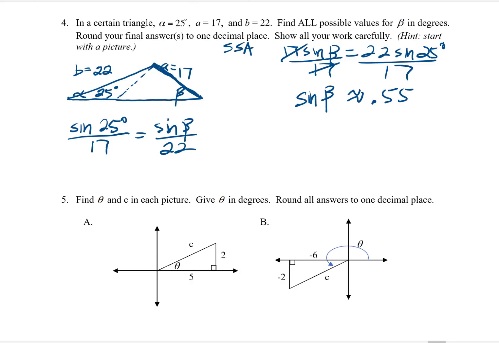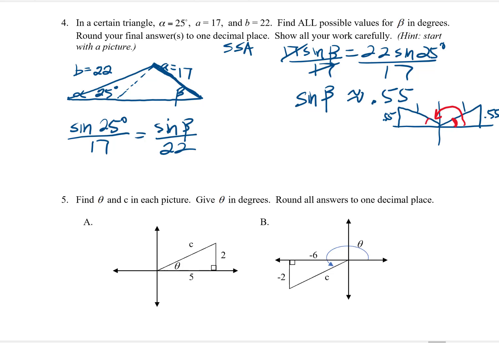That makes me think I might just get two answers here, because if I want to solve that equation, I know there's a first quadrant angle, 0.55 over 1, and then there would be a second quadrant angle, also 0.55 over 1. I can use sine inverse to find this little piece, but then to find this angle here, I'll have to use the symmetry.